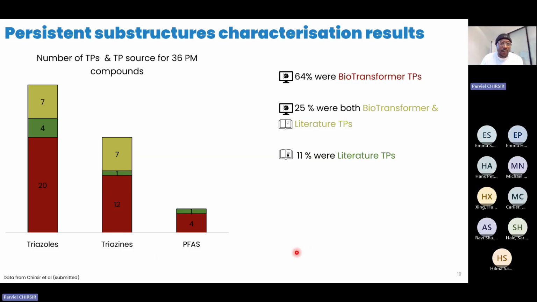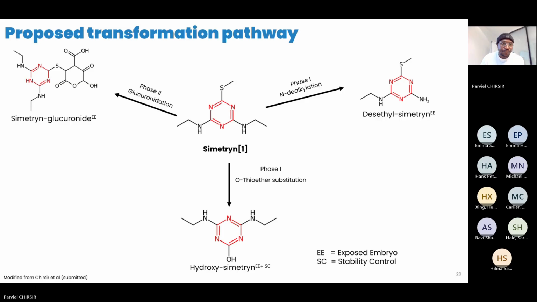In this case, the highest number of annotated TPs were from BioTransformer predictions, followed by those that were both from BioTransformer predicted and Ligitor TPs, and then Ligitor TPs annotations only. This result also shows that predicted transformation products are a complementary source of transformation product data to Ligitor transformation product or non-TP data.